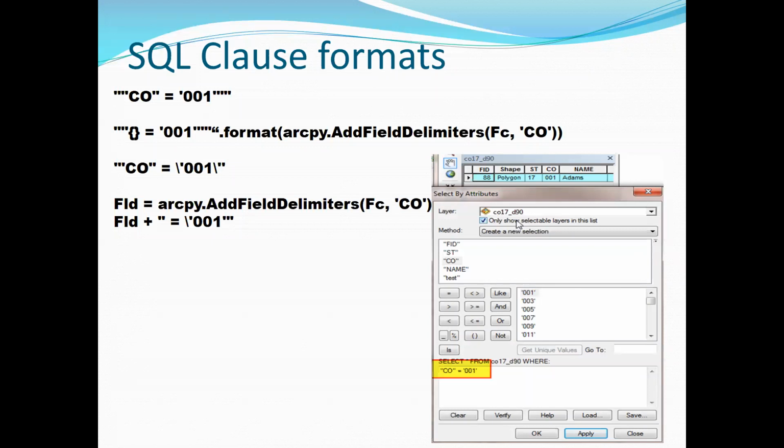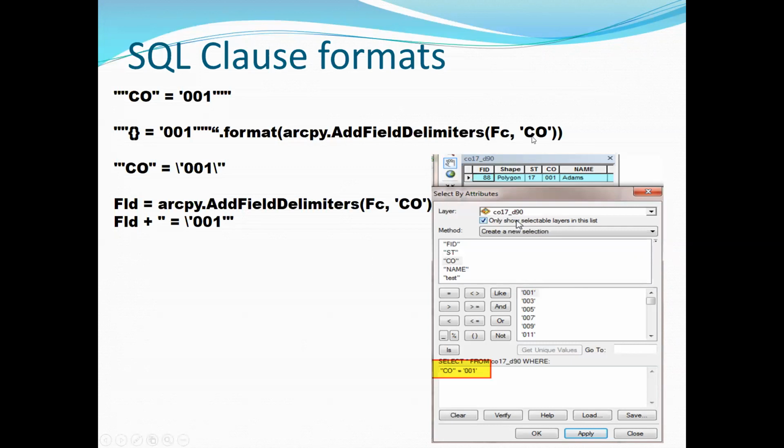Sometimes your SDE or Oracle or Postgres will need a different sort of delimiter, quotes or single quotes or brackets or whatever for the field for it to work. So they have a tool that adds the field delimiters for you. So that way, if you have a tool that works on shapefiles and you've got SQL clauses, it'll still work on enterprise geodatabases, file geodatabases. So it's a real simple tool. It's arcpy.AddFieldDelimiters.